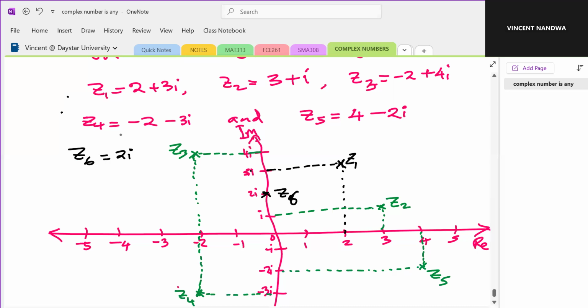And then if you had Z7 given as just 1, then Z7 will be here on the real axis. So that is generally how we do the plotting on an Argand diagram.